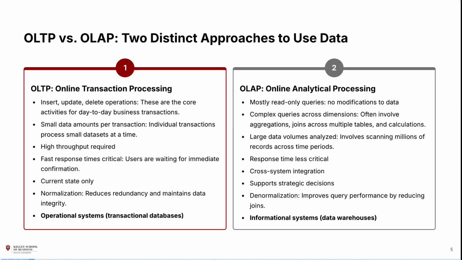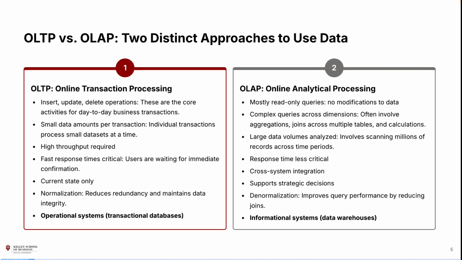OLAP, which stands for online analytical processing, is completely different. This system is about patterns, analyzing, for example, how our top 10 products have performed across all regions in the last 3 years. So here we have mostly read-only queries, complex aggregation analysis across different dimensions, large volumes of historical data, and oftentimes denormalized structures and cross-system integration.